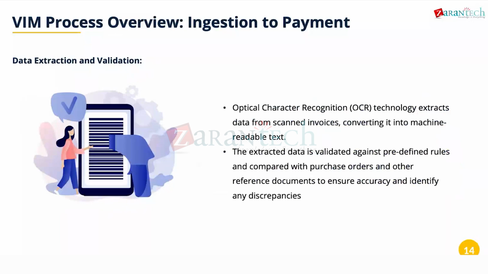Optical character recognition is the technology that extracts the data from scanned invoices and converts it into a machine readable format. So OCR is the technology name, and our product from the SAP solution is called IES or IC4S. IES is Information Extraction System, and IC4S is Invoice Capture for SAP solution.